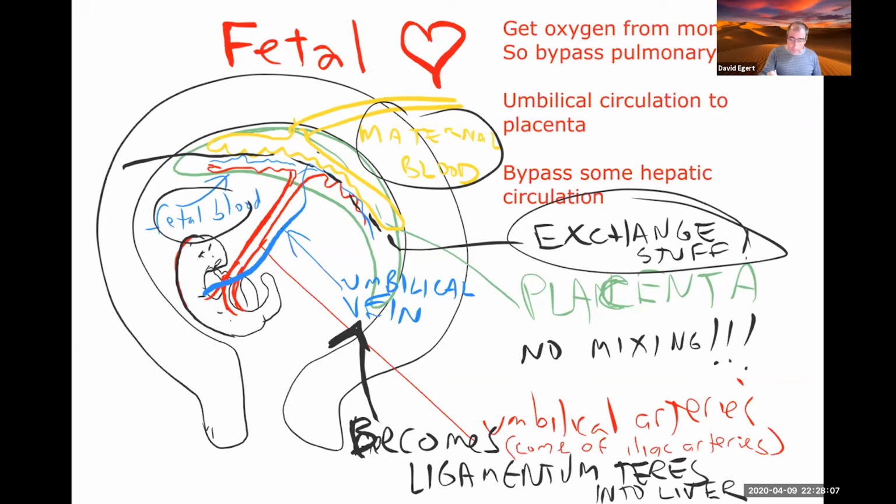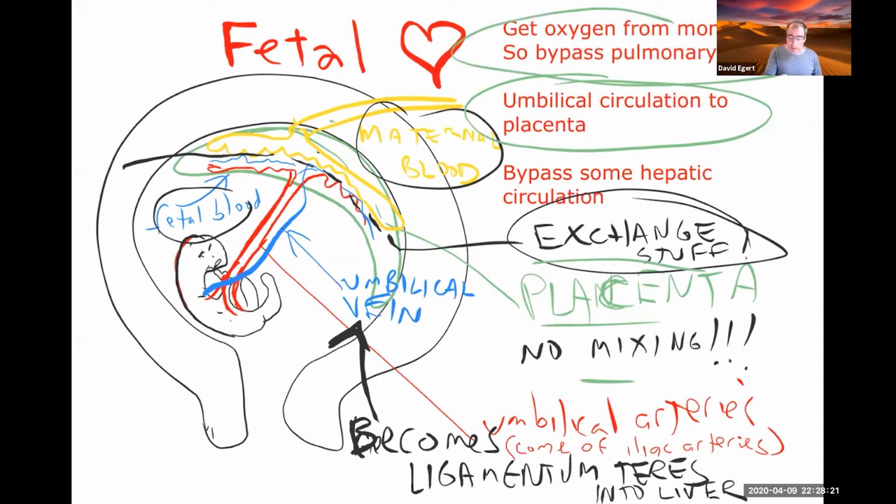So, umbilical circulation to placenta. Umbilical arteries and veins going out and back, exchanging material with the mom's blood. Then we can look at the oxygen coming from mom, so we can bypass the pulmonary circuit.